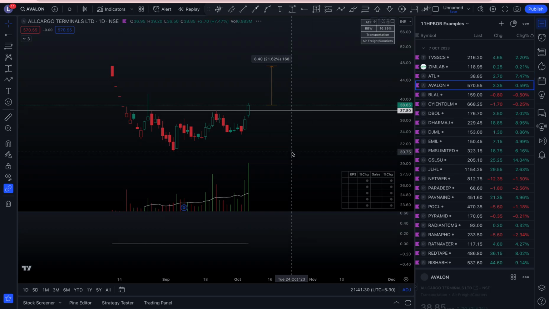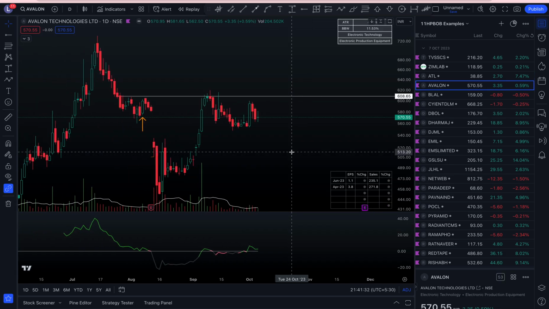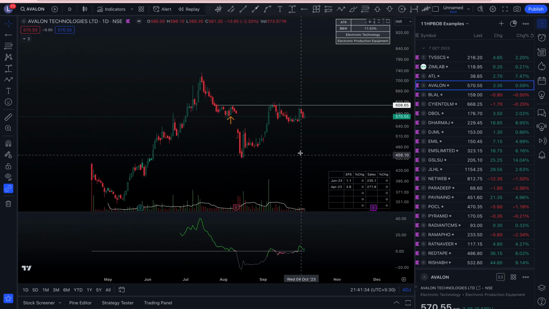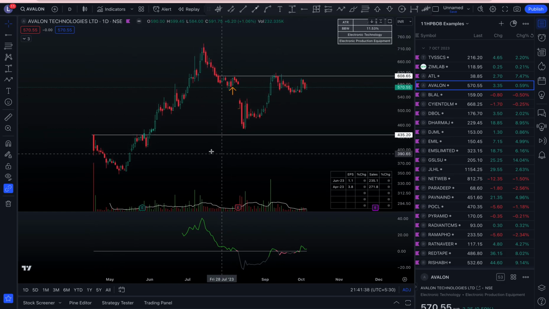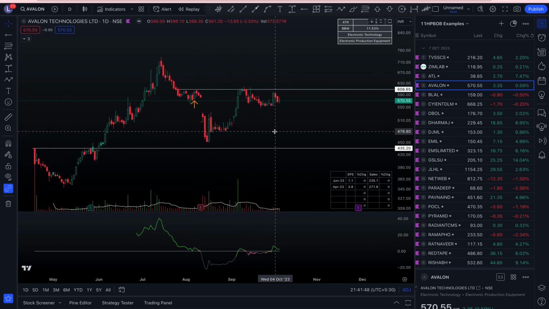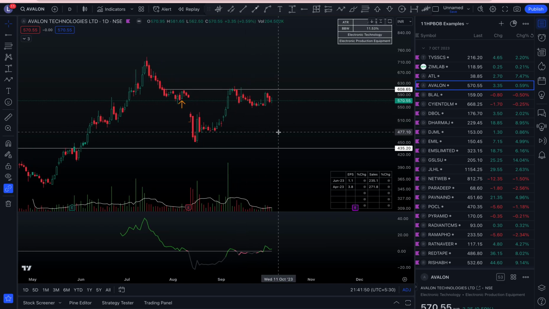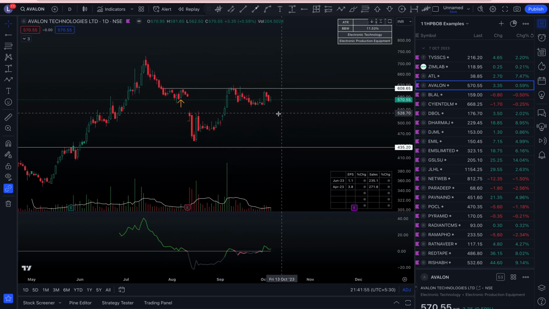It may not shoot up to the moon, but you can see at least till the previous high, that's the place. Avalon is another name which is now setting up again. This was essentially the IPO based breakout here, and huge follow through, and then results did this huge breakdown. I also got caught, and now it's been setting up really nicely. So this is a cheat pivot here, and you can also call this a flag in a smaller time frame, right?